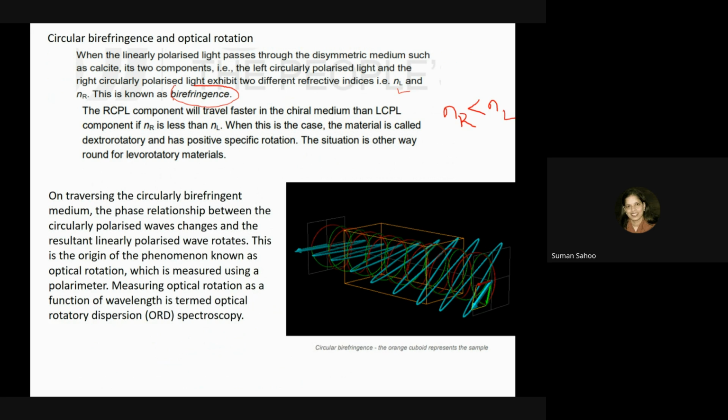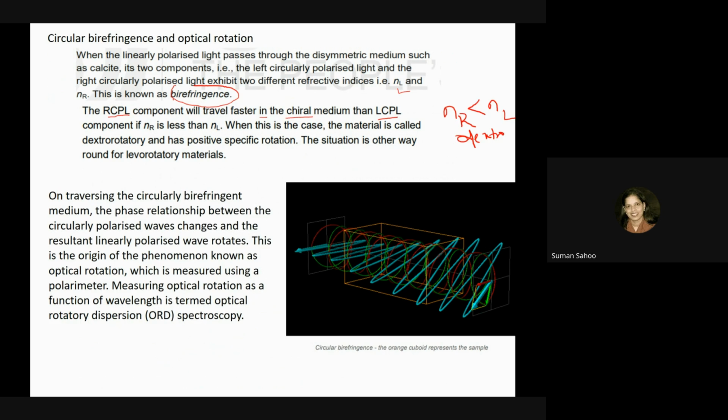In that case, the right circularly polarized light will travel faster in a chiral medium than the left. Then the material is known as dextrorotatory, which means it rotates plane polarized light in the clockwise direction.